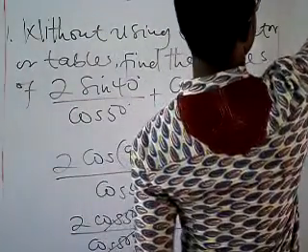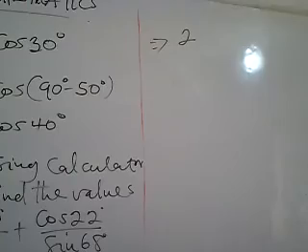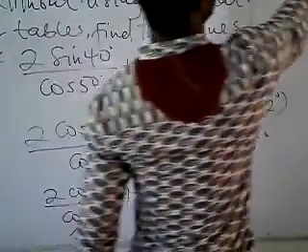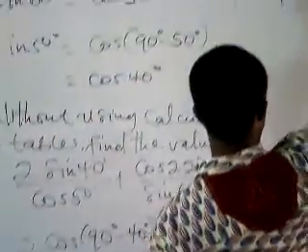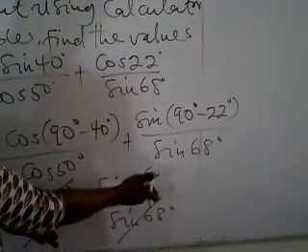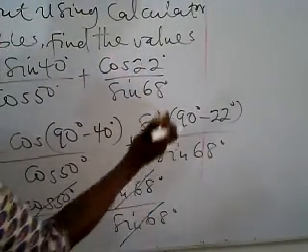Now we're going to have 2, when cos cancels cos, it will leave 1. 2 multiply 1 is the same as 2 over 1 plus 1 over 1. That is, sine 68 cancels sine 68, leaving 1 as numerator and 1 as denominator.